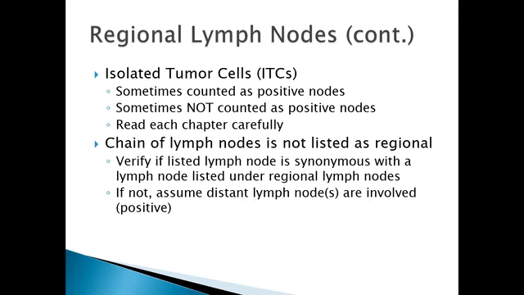But sometimes they aren't counted as positive, and even though there are ITCs in that lymph node, they are considered negative lymph nodes. So you just have to read each chapter carefully, and this pertains to breast and melanoma of the skin. Those are the two I can think of off the top of my head.